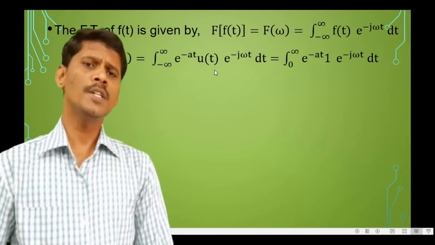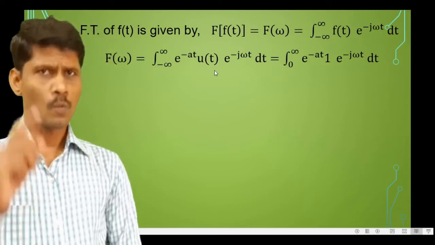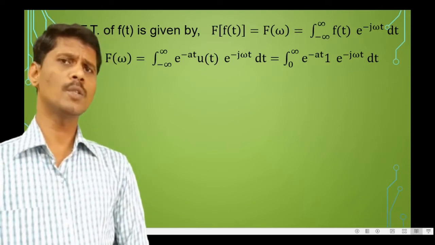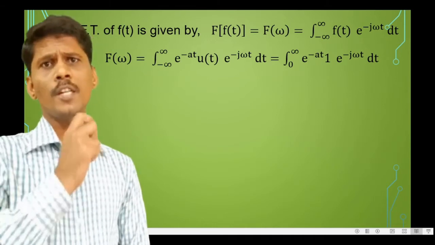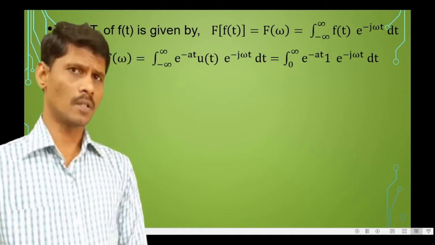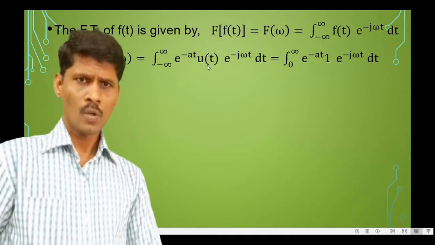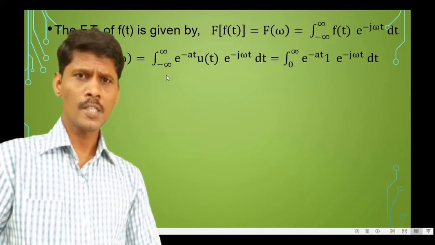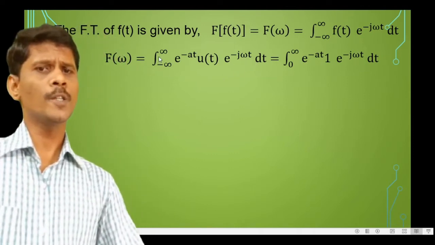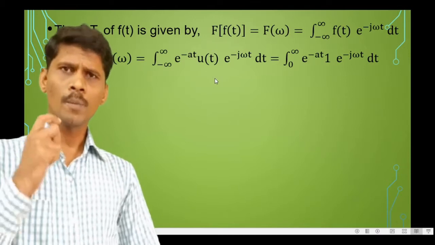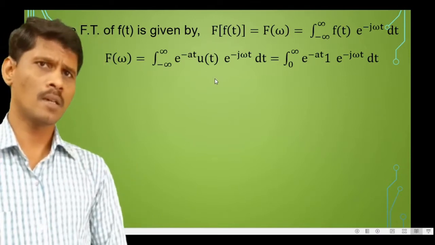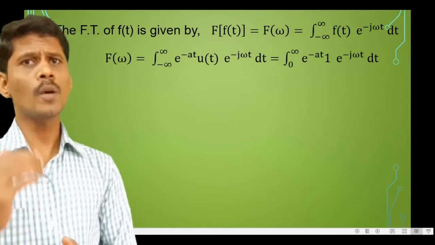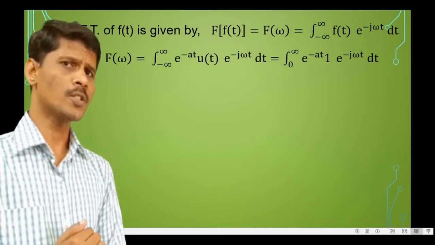What is u of t? U of t is equal to 1 for t greater than or equal to 0. In this integration, t varies from minus infinity to plus infinity, but applying the definition of the unit step signal, the range of t starts from 0.